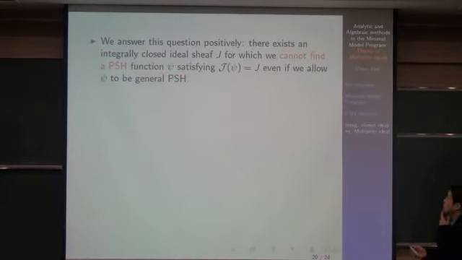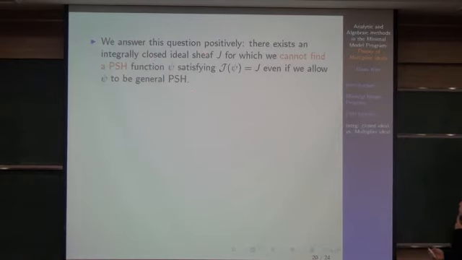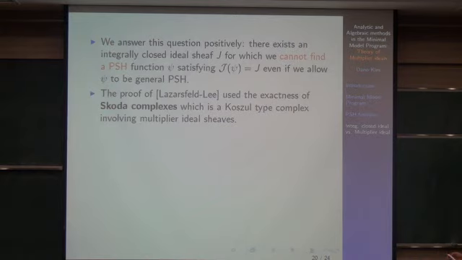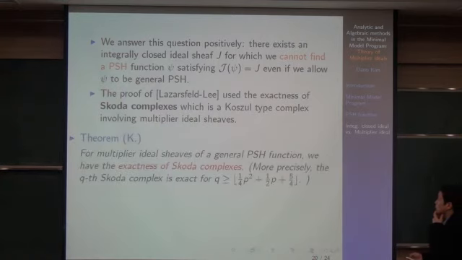So our result in this talk is that we answer this question positively. Basically we can use the arguments of Lazarsfeld and Lee once we prove the following statement, which is called exactness of Skoda complexes. We will talk about what a Skoda complex is. It's basically a Koszul type complex involving multiplier ideal sheaves. So our theorem is this.